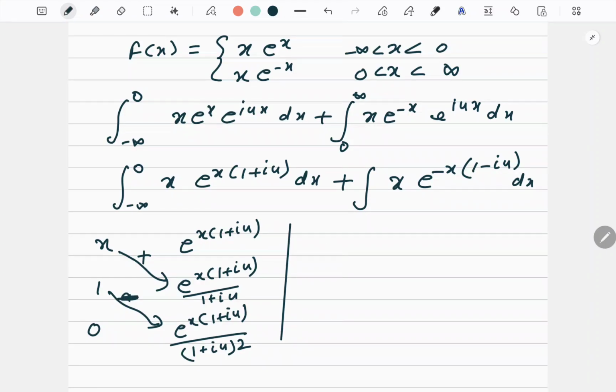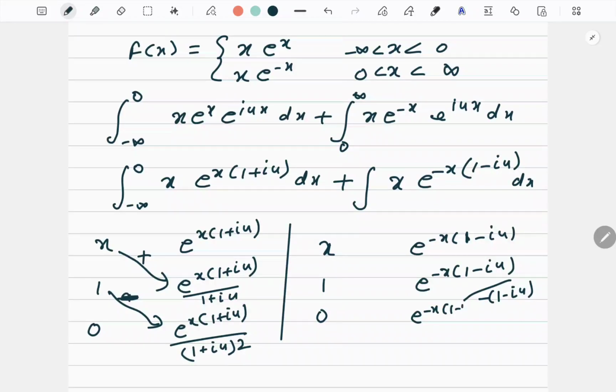Now next side. x, e to the power minus x (1 minus iu). So 1, 0, e to the power minus x (1 minus iu) upon minus (1 minus iu), e to the power minus x (1 minus iu) upon (1 minus iu) square, plus, minus.